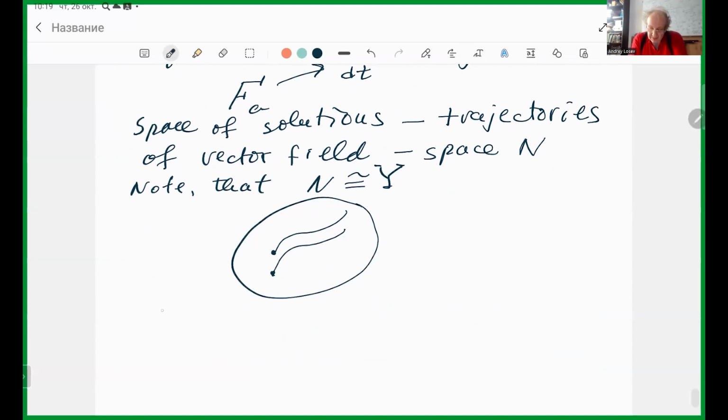Now we would like to consider the following integral: dy d psi dp d pi, a functional integral over what? Of what? And here I need to put an exponent.